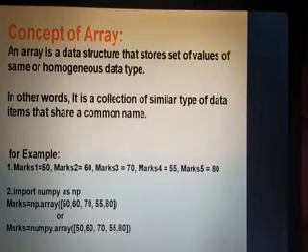But in the second example, the whole set of marks 50, 60, 70, 55 and 80 is stored in one variable, that is marks. Here marks is the array name, and so an array is very useful when we store a set of values.